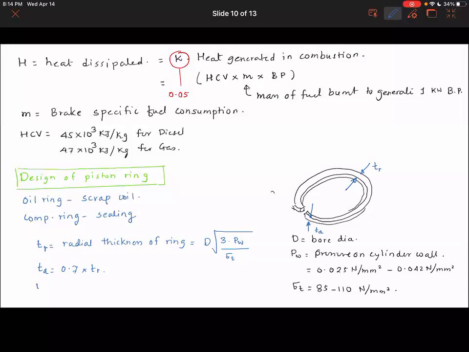The width of the top land is typically about the thickness, and the width of the ring band is usually about TA.